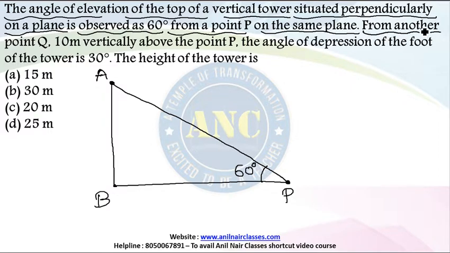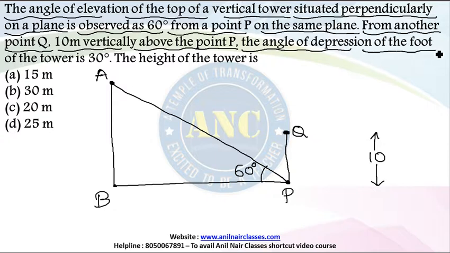From another point Q, 10 meters vertically above point P. That means 10 meters vertically above point P, there is another point Q. The question says this distance PQ is 10 meters. The angle of depression of the foot of the tower is 30 degrees.